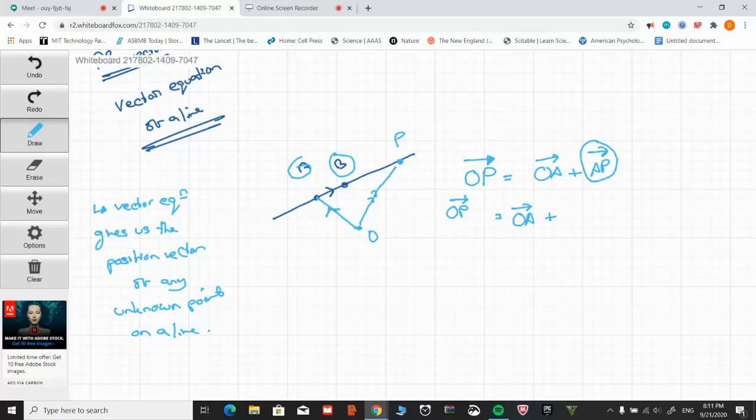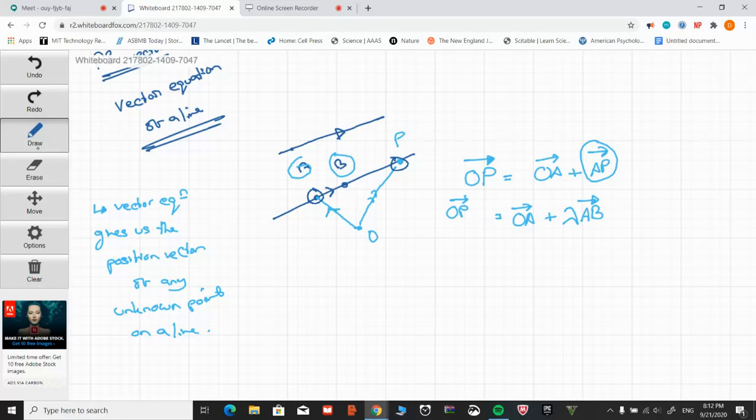So we can say that AP is basically some constant lambda multiplied by the vector AB. Now what does this mean? Look, AP is basically the path from A to P, this vector.